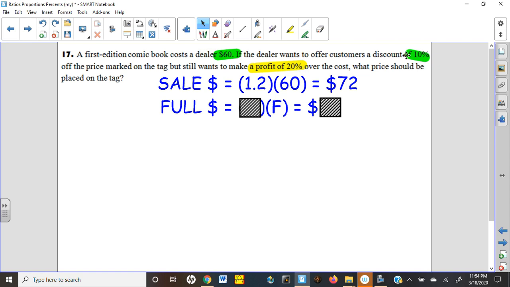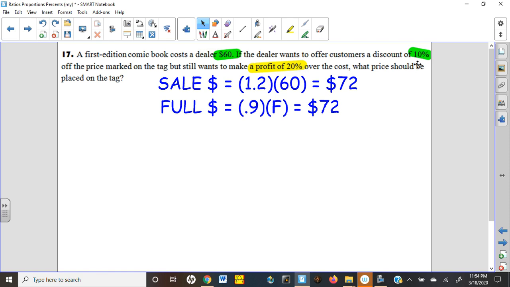But at the same time, we're trying to convince the customer that they're getting 10% off, right? So I think what we need to do now is say, well, what should the full price be if I want the sales price to be $72? And so why don't we say that 90% of the full price is that $72, right?